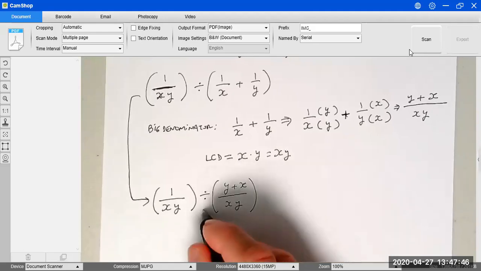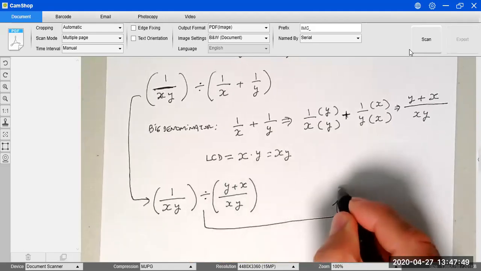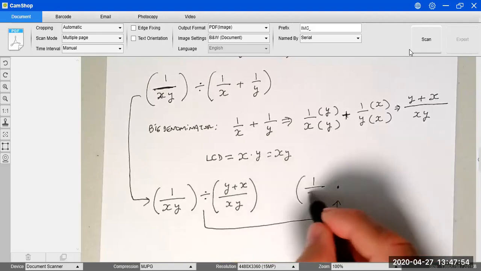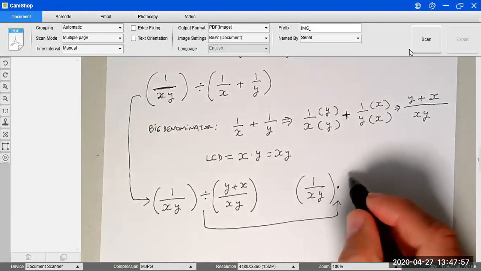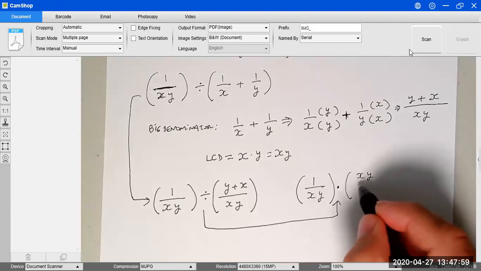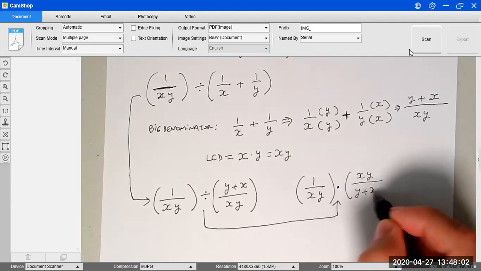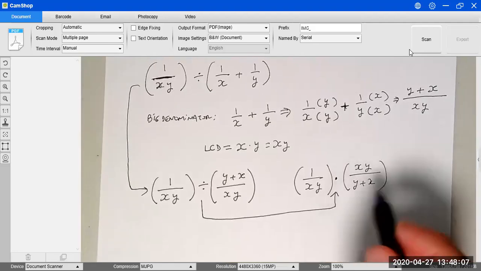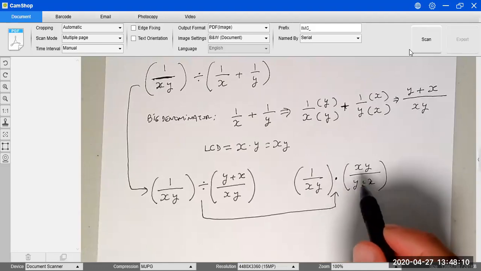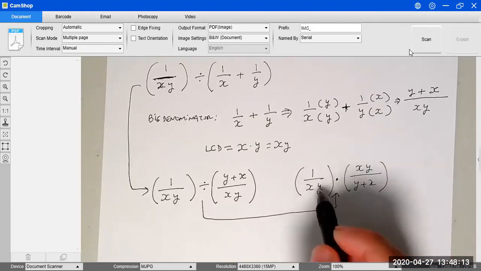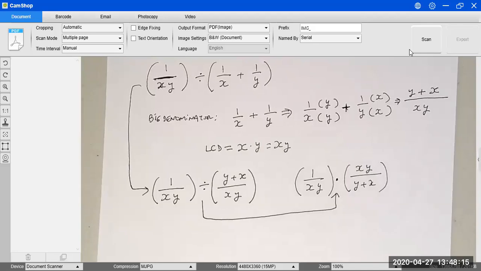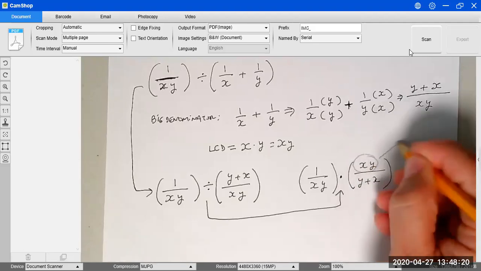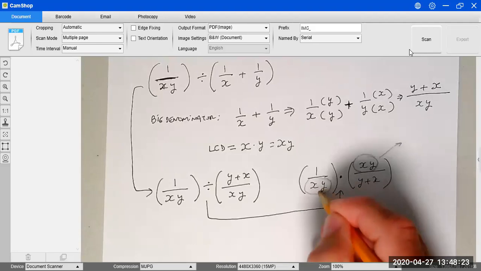Now we're going to convert the division into a multiplication. So the first fraction remains, the second fraction is inverted, and then to proceed with the multiplication, you're going to cancel common factors. So I have xy here, so you can cancel those. You just remove this pair of factors and this pair of factors.